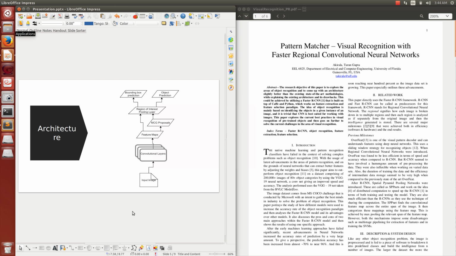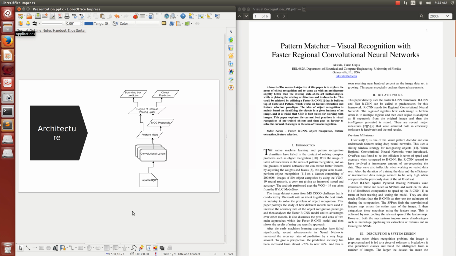Coming to the architecture, we used MCG instead of selective search, and the input image is processed with the contours and color depth perception, and then it's sent to a convolutional neural network, which tries to extract different kinds of features from the single image, which are again overlapped with the MCG proposals.